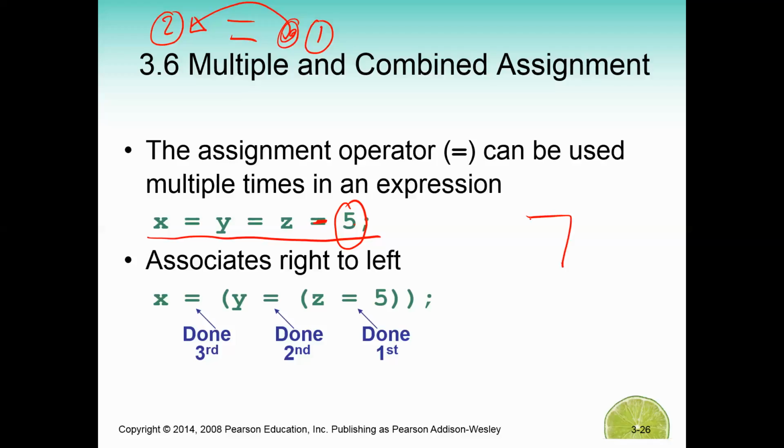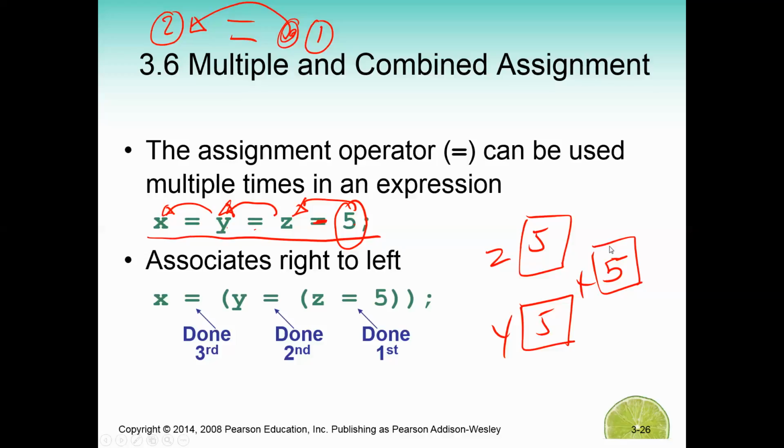This happens. Then it's going to find another assignment operator. So it's going to say, okay, now this z, I'm going to move it to this variable, y. So now this y, I'm going to move it to this variable, which is x. So at the end, all of them are going to have the same value.